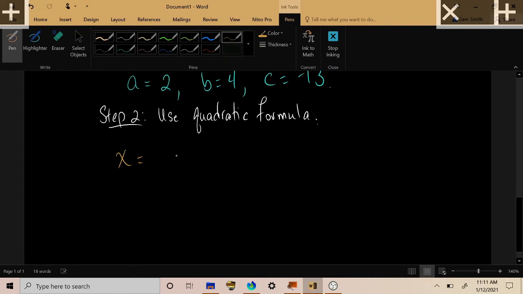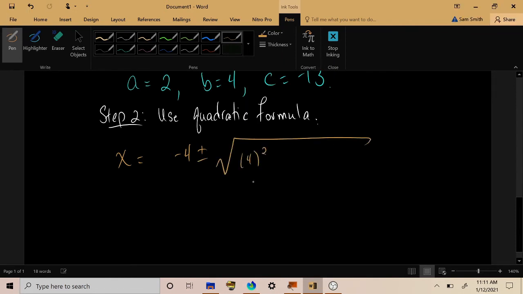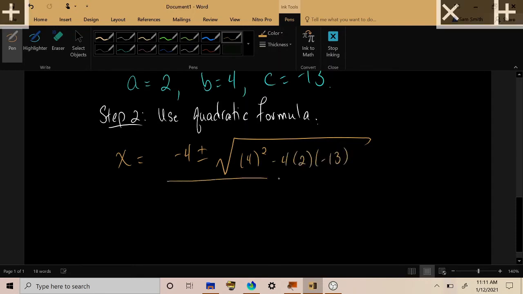B is 4, so negative 4, either plus or minus the square root of 4 squared minus 4 times the a value times the c value all over 2 times a. Okay, now with this, we have finished finding our solutions.